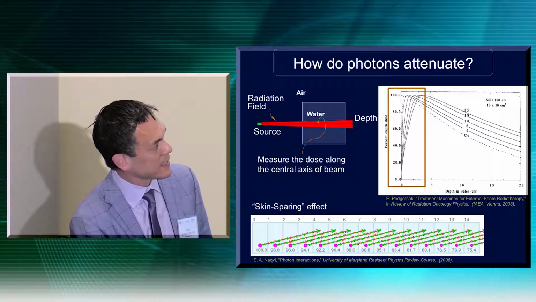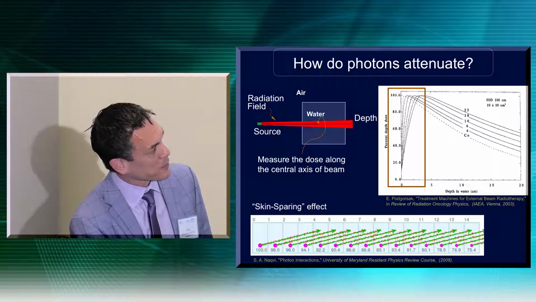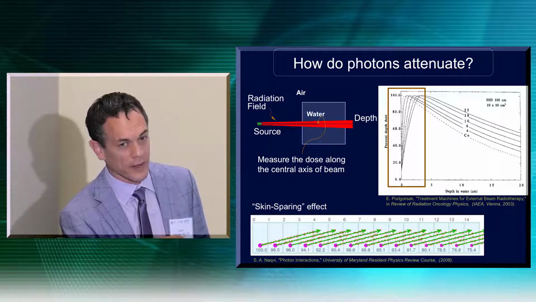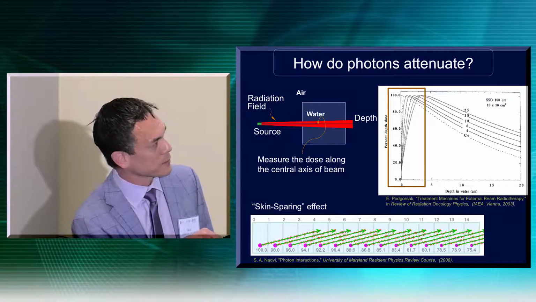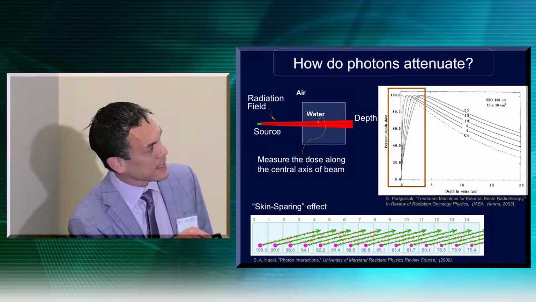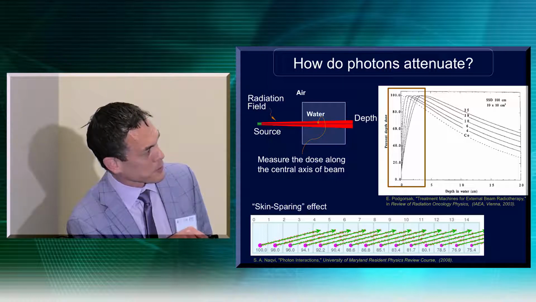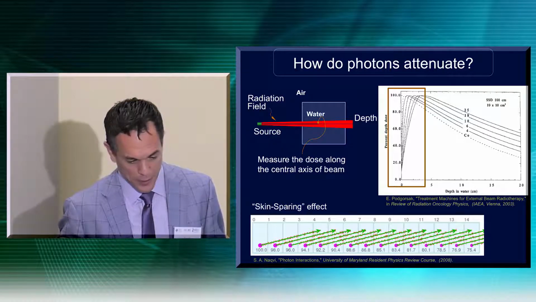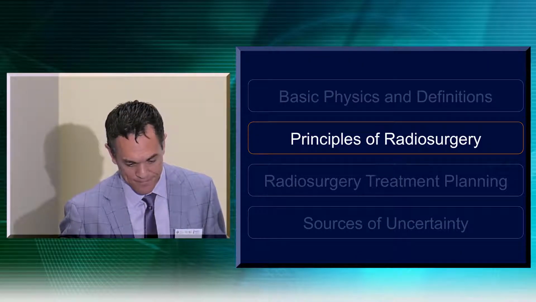So this region here is called the buildup region, and it's why we can treat people with photons without just burning a hole right through their skin, right? So most of the absorbed dose is at depth. And the other thing to notice is that as the energy of the photons increases, the depth at which the absorbed dose happens also increases. So those are the two primary things about photon attenuation.